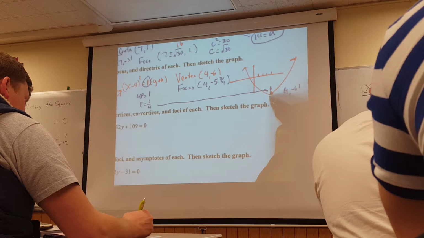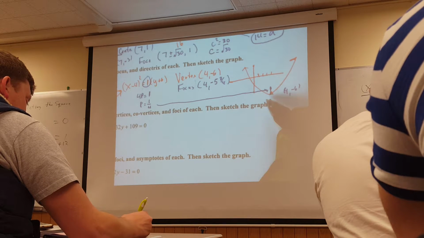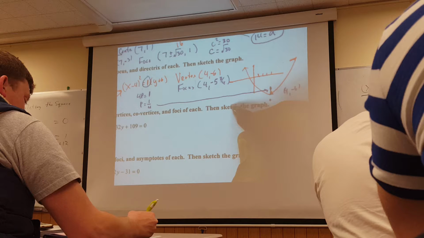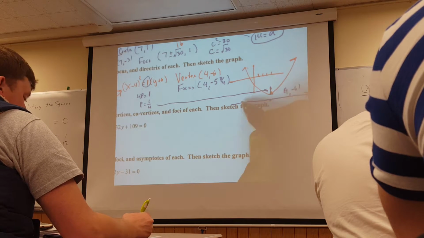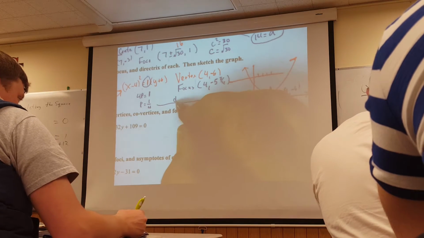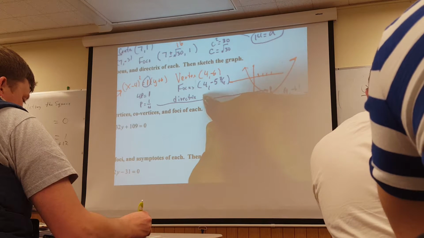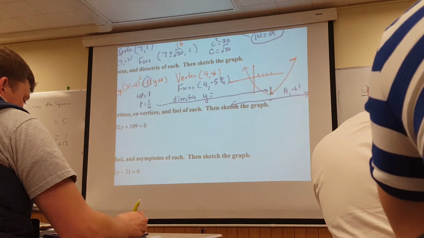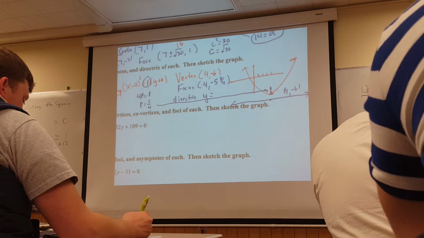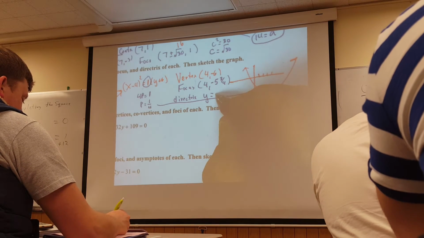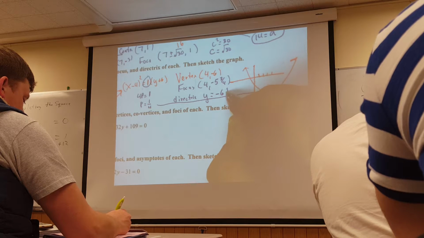Now, the directrix, you go that same distance behind that 1/4, and you draw an equation for the directrix. And that's gonna be y equals, what's the equation for that? So it's gonna be -6 and 1/4.